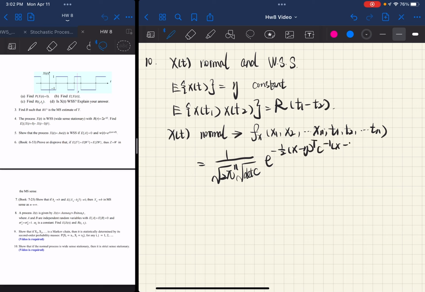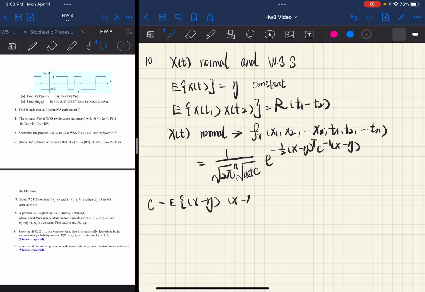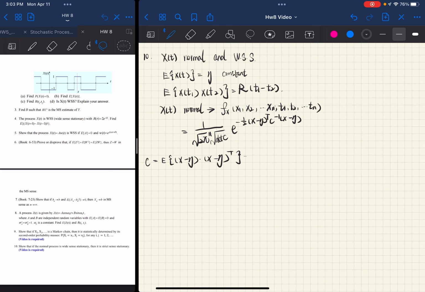And if we take a look at the correlation term, which is C, it equals the expectation of x minus the expectation of x, which is the mean of x, times the transpose of x minus the mean value of X(t). And if we rewrite it in matrix form, we have this form.